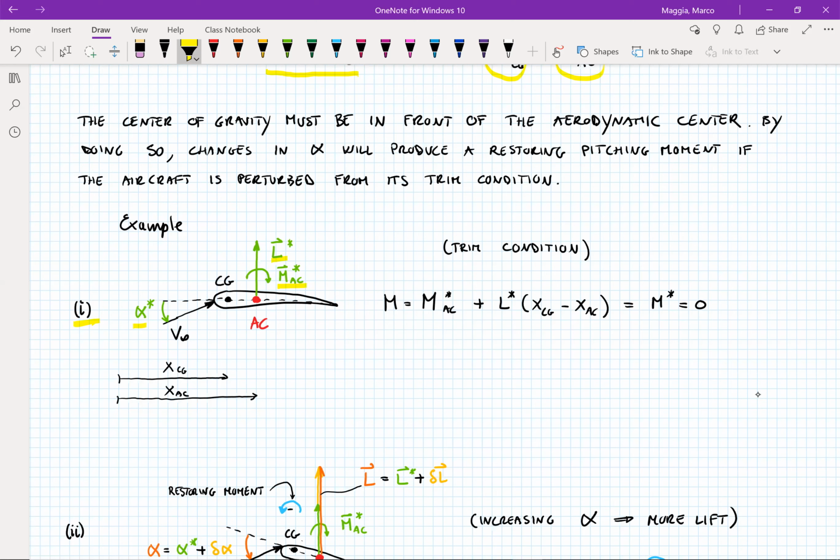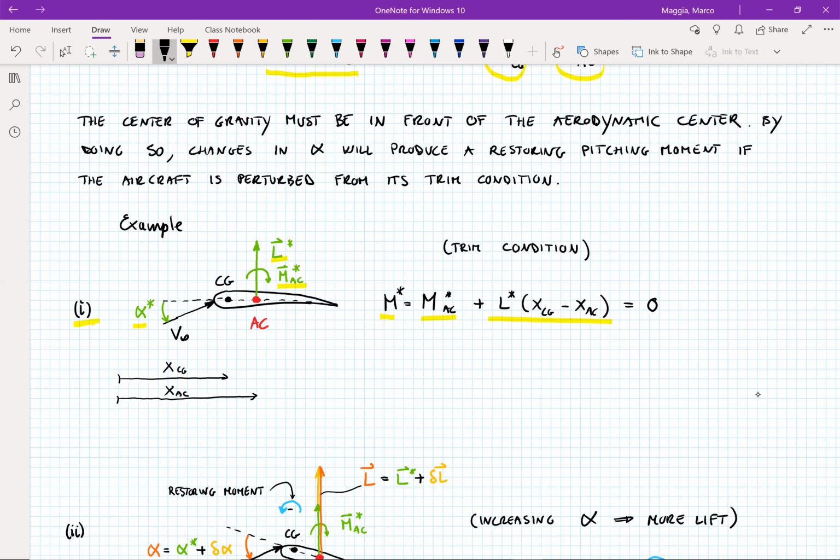So the overall pitching moment is MAC star plus L star times XCG minus XAC. So in trim condition, the overall pitching moment has to be equal to 0.